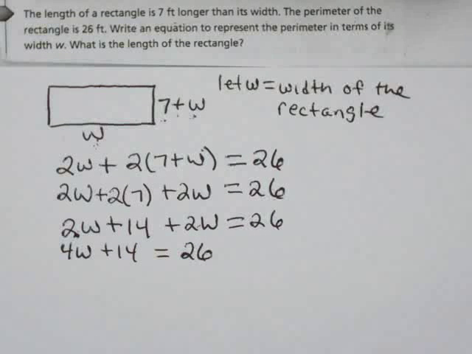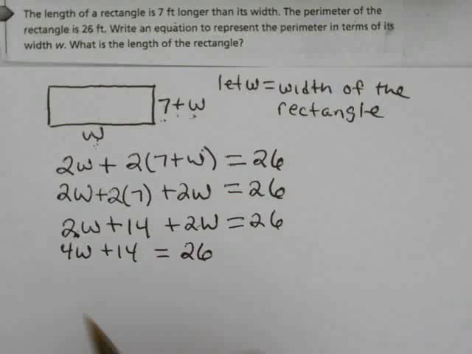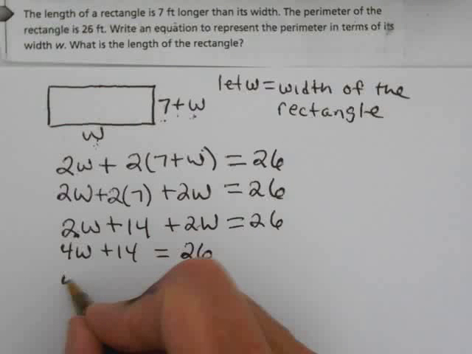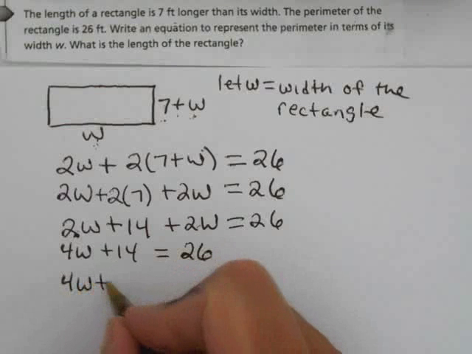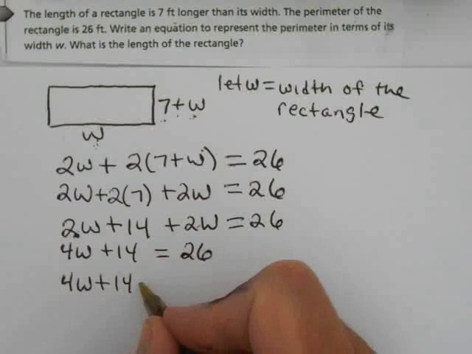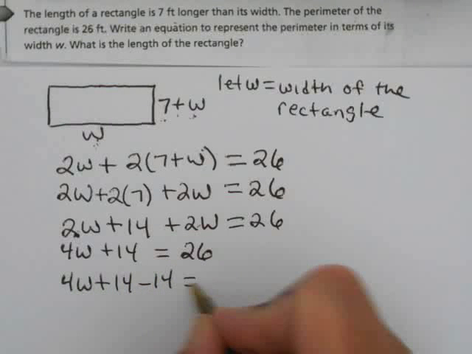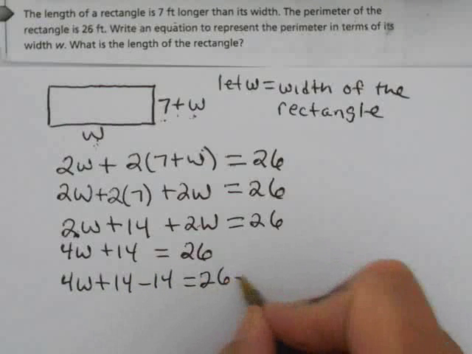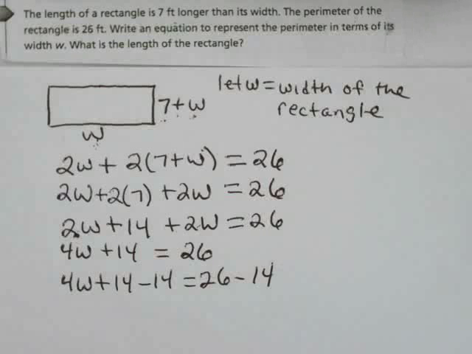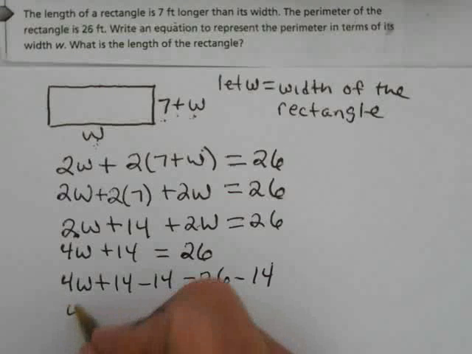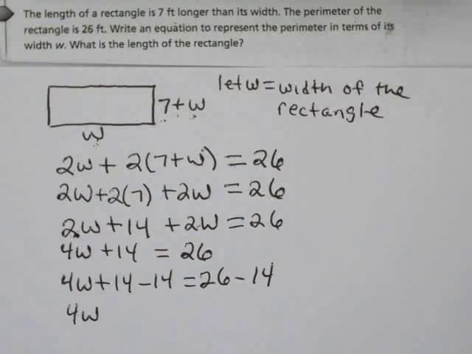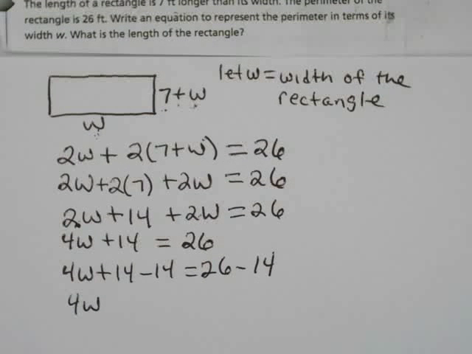So 4W, I'm going to subtract 14 from both sides in order to start isolating my variable. And 4W plus 14 minus 14 is, of course, 4W. And 26 minus 14 is 12.